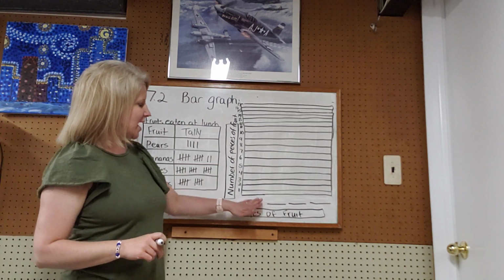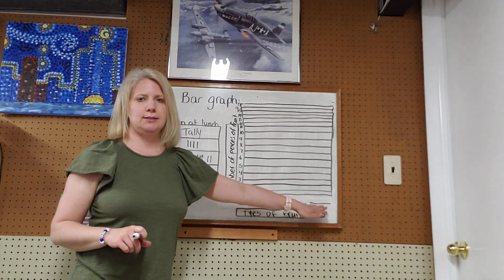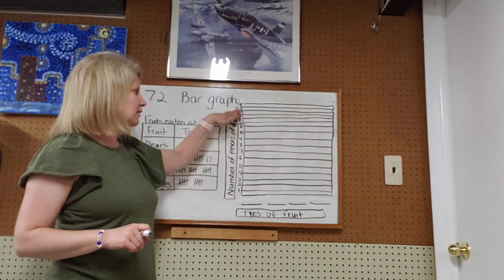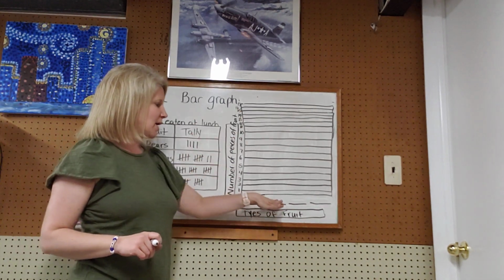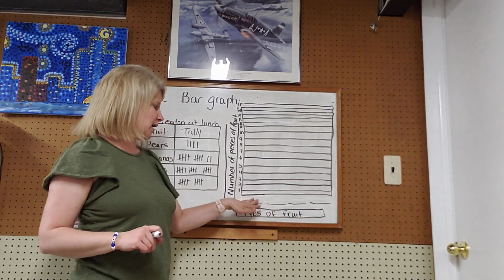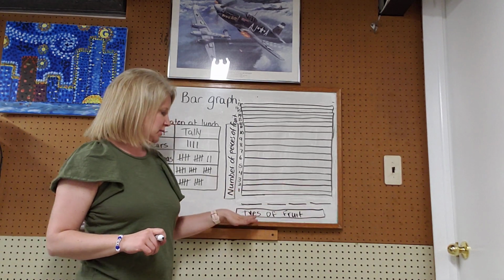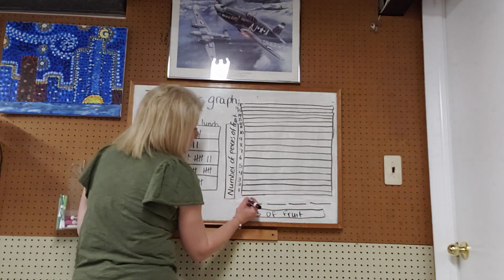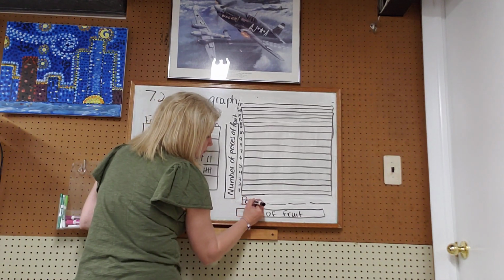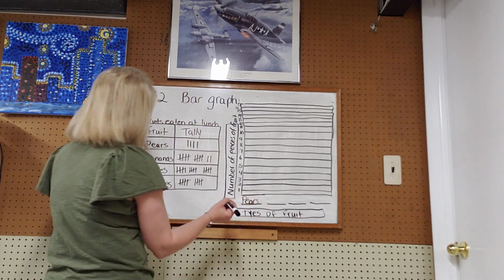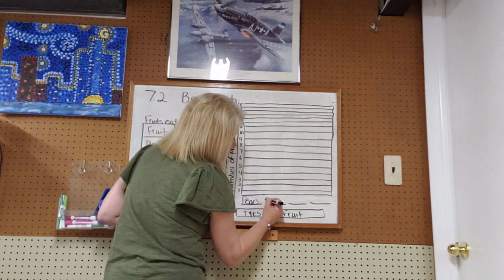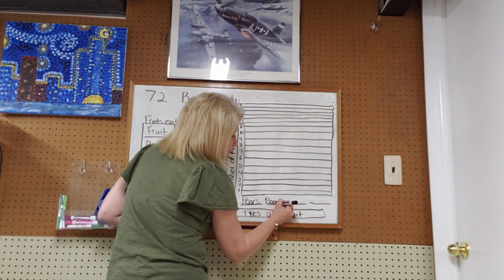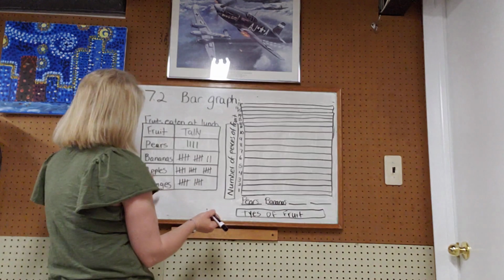Now, along the bottom, we're doing our choices. So you're going to number the side of your graph today. Along the bottom, you're going to put the different sports, gymnastics, dance, football. But for this, types of fruit, we're going to put the types of fruit. Pears, bananas, apples, and oranges.